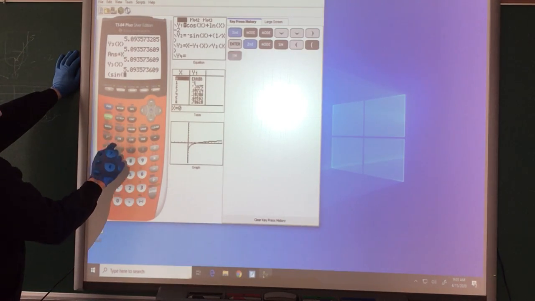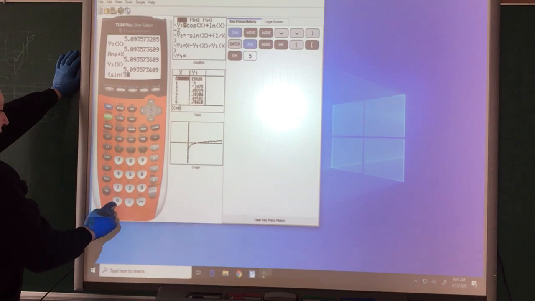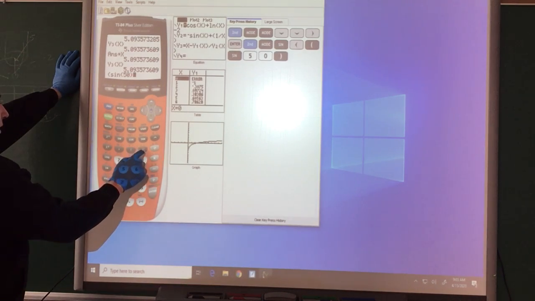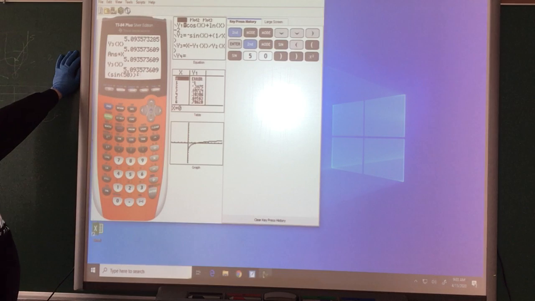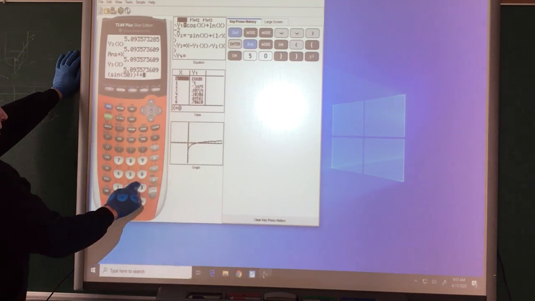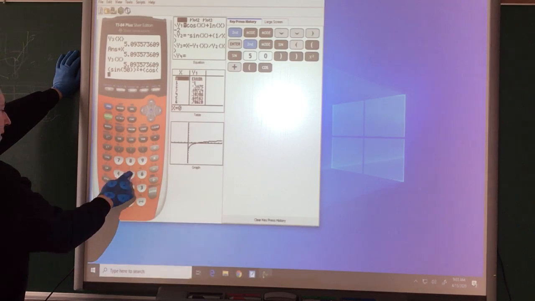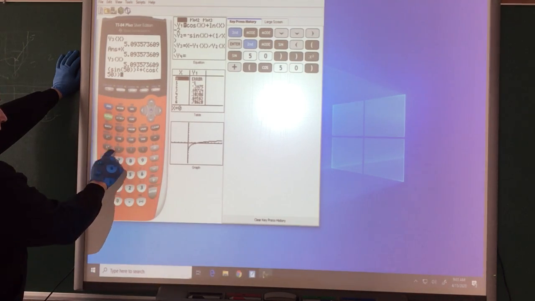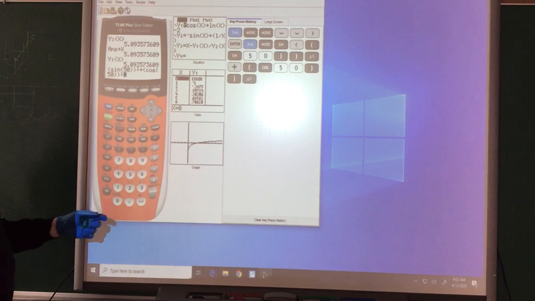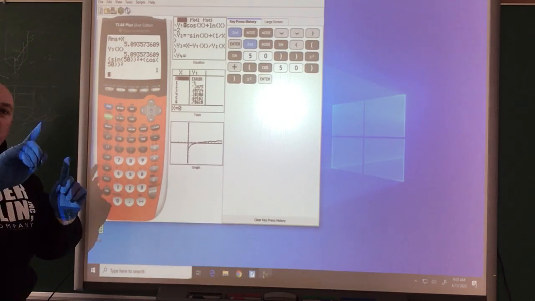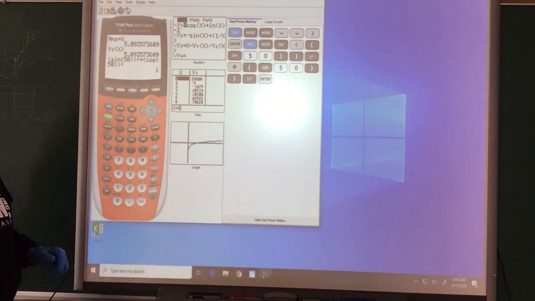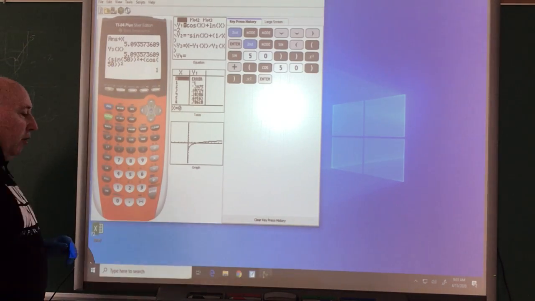Parenthesis, sine of 50, squared, plus parenthesis, cosine of 50, squared. If I add these together, voila, I get a value of 1. And it does not matter which trig value or angle value you utilize there.